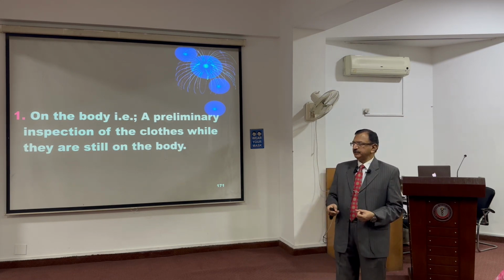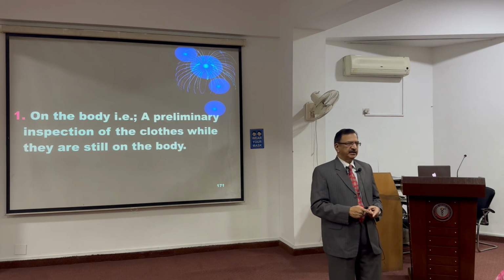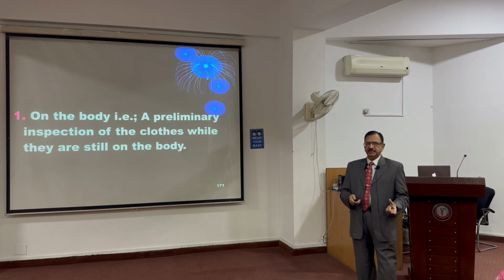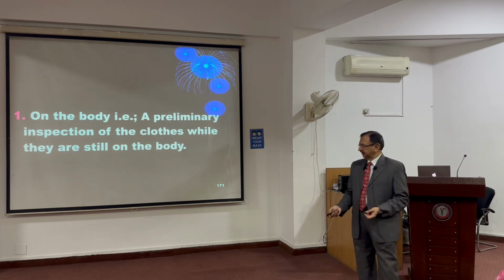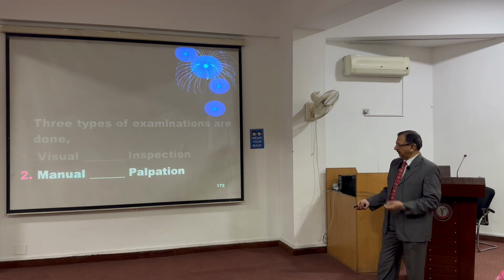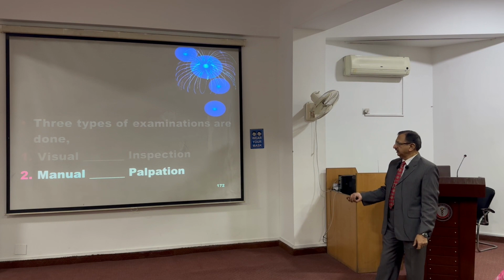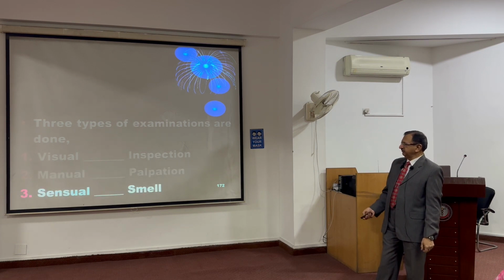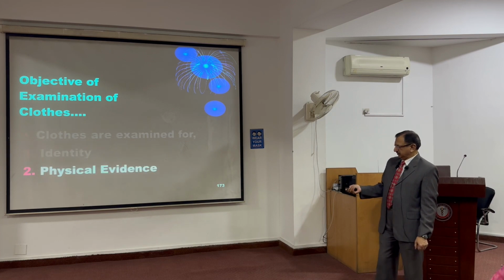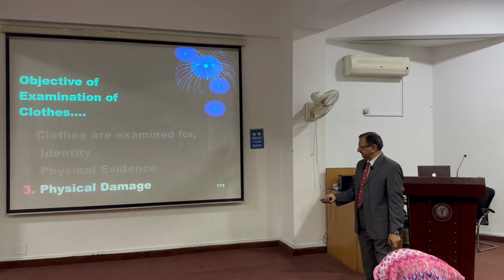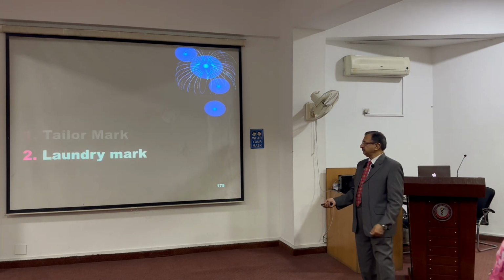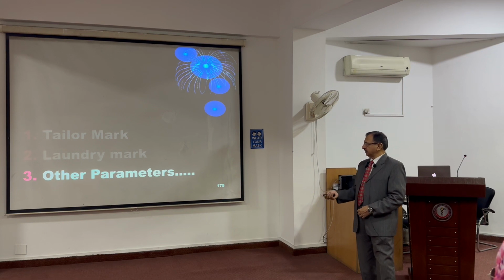But they will help you not only in identity, but also in relating to the crime, the injury, the cut, the stains. So this is the examination: visual, manual, sensual. They are examined for identity, physical examination, physical damage, tailor mark, laundry mark, or any other parameter.